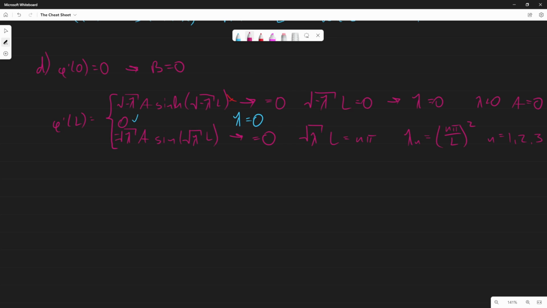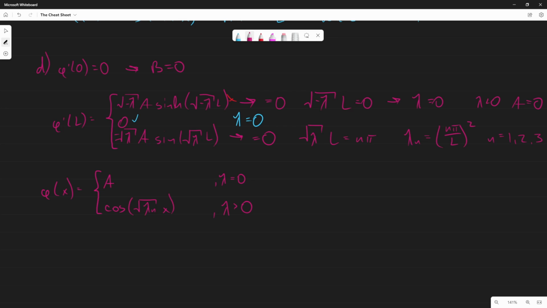And so in this case, it gives us two solutions. So our phi of x will be equal to some constant that we're just going to call a when lambda is equal to 0, and then cosine of the square root of lambda sub n times x, where lambda is greater than 0.